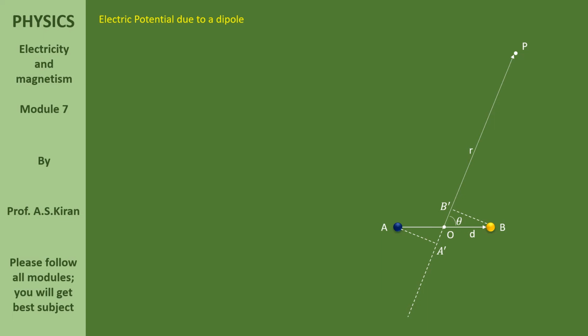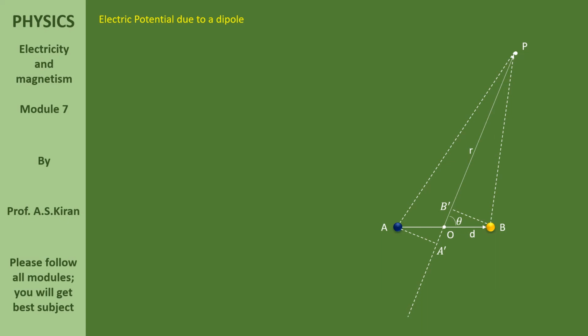Now, how to find the potential? Let us join P with A and B. In the diagram, you can observe that d is very much smaller than r, because according to our definition, a dipole is the combination of two equal and opposite charges kept at a small distance.